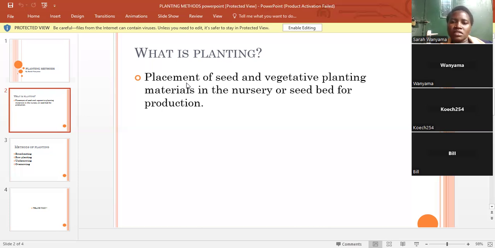Or you can also use vegetative planting material such as cuttings, corms or rhizomes, so that these vegetative materials will be able to produce other new crops.